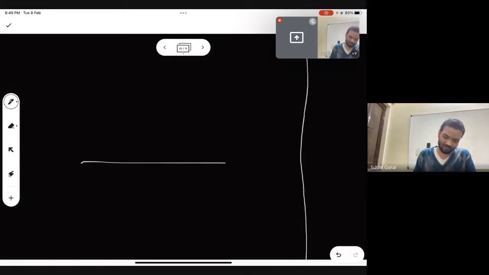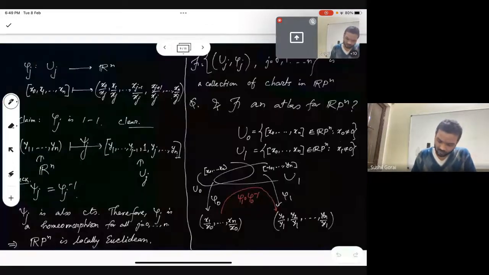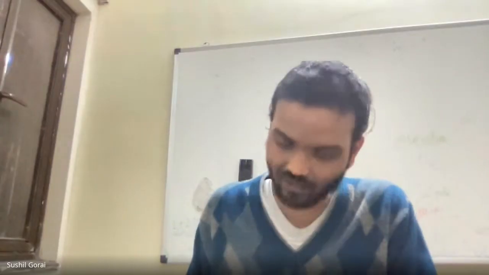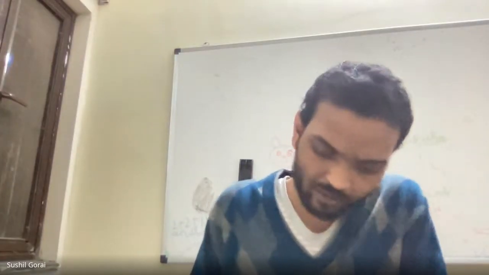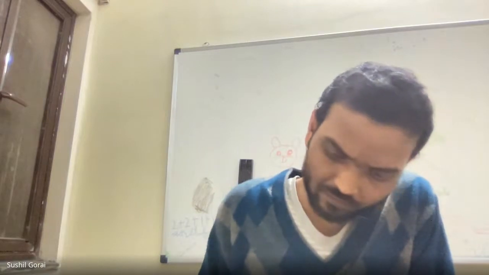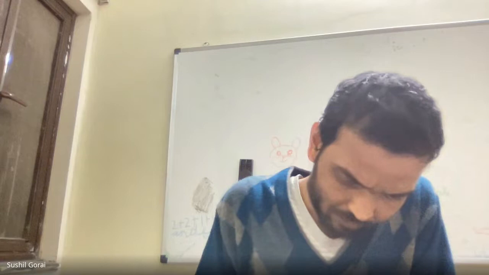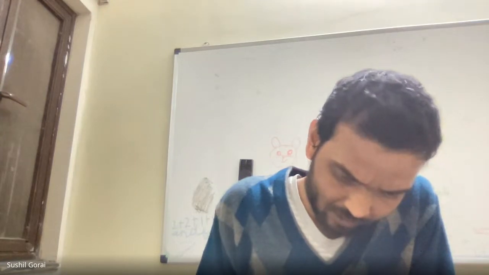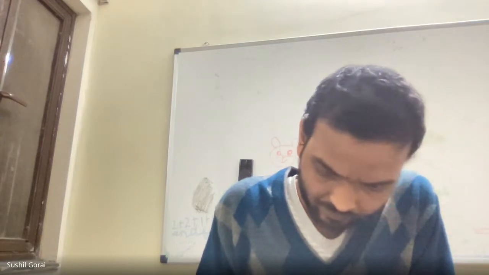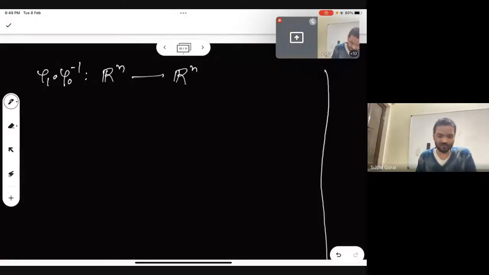So yeah, let's go back to this. So you want to go from here, right? This side is Rn, and this side is Rn, right? So phi1 compose phi naught inverse is from Rn to Rn, right?